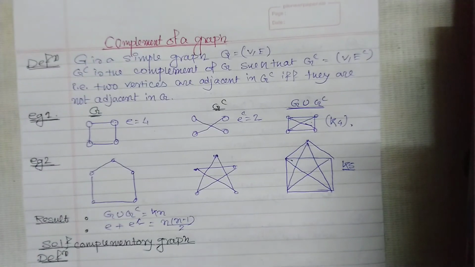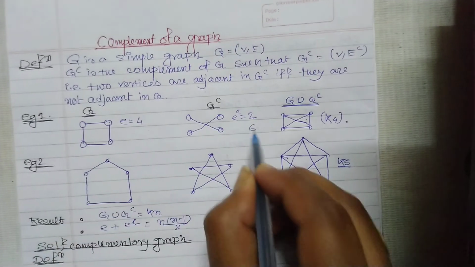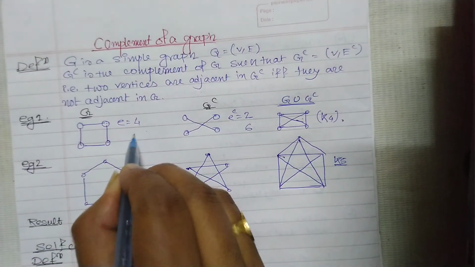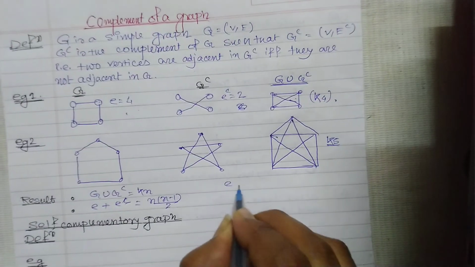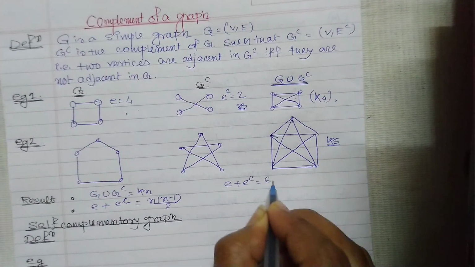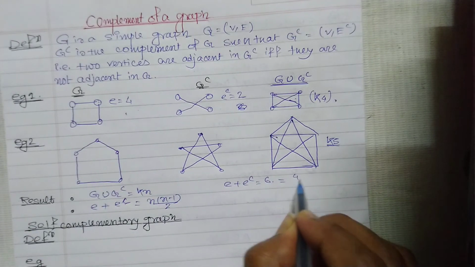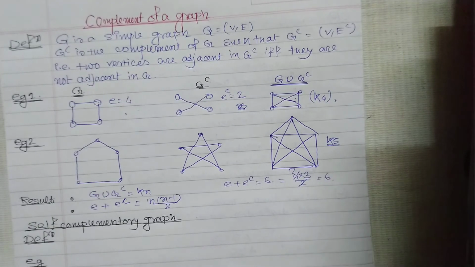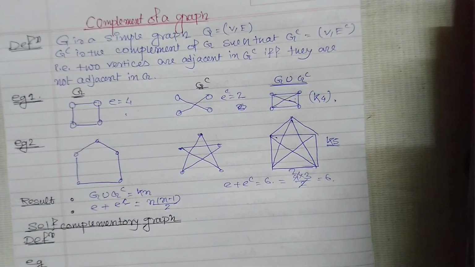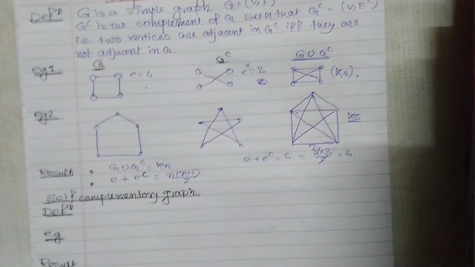If we add these two, this will give 6, which is equal to, where the number of vertices is 4, 4 into 3 by 2, that is also 6. I think this is clear. You can verify for this also.